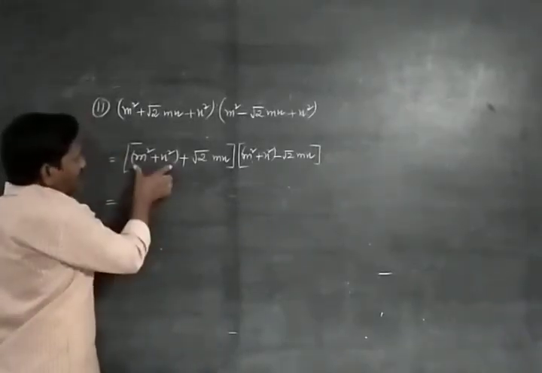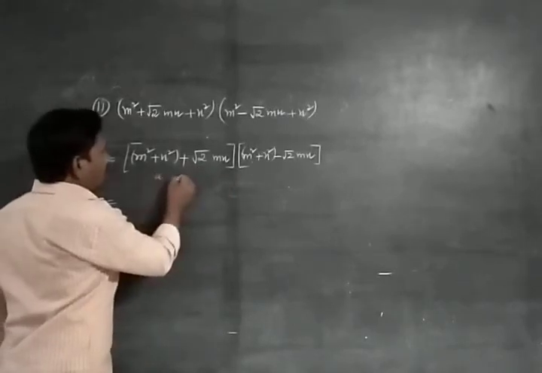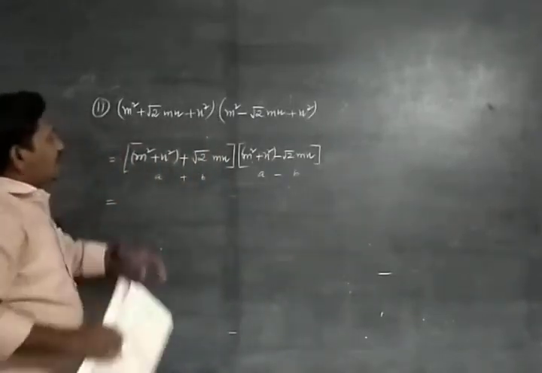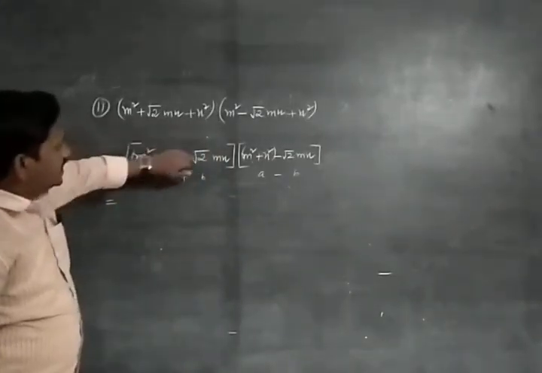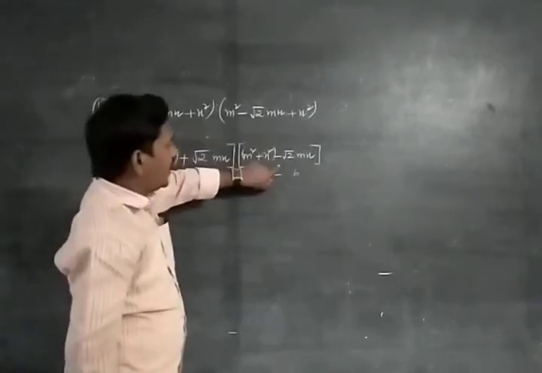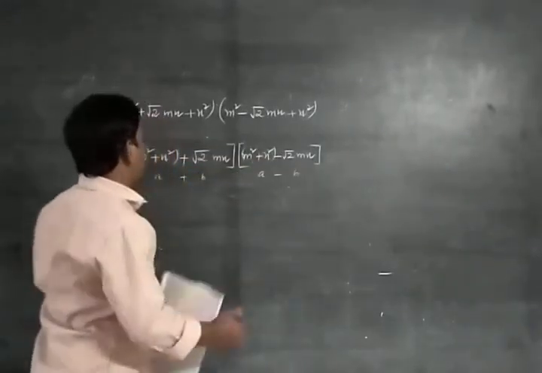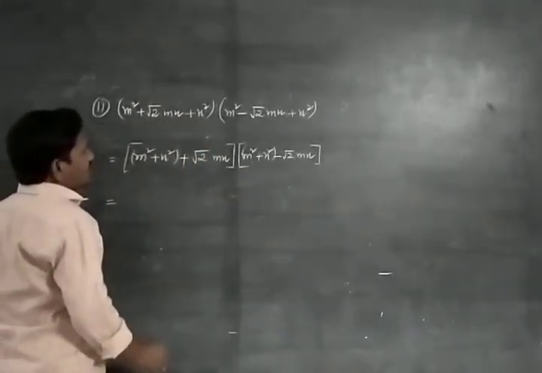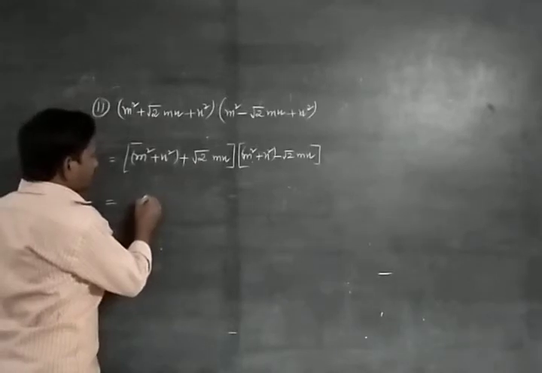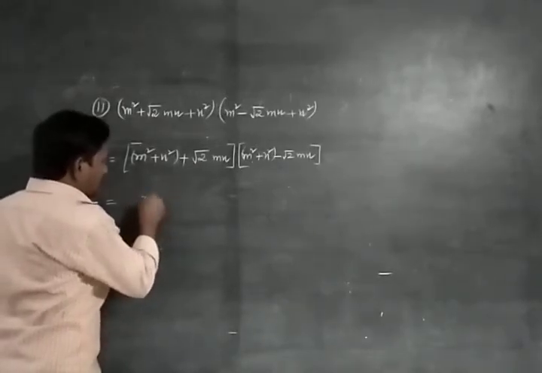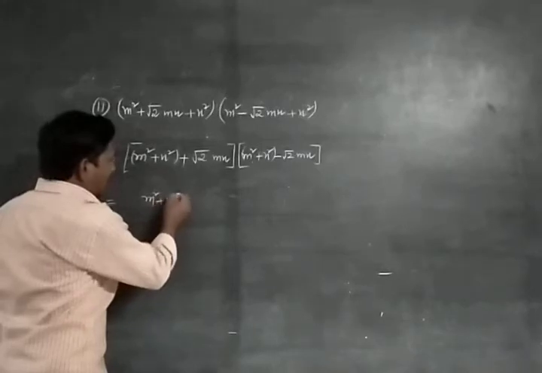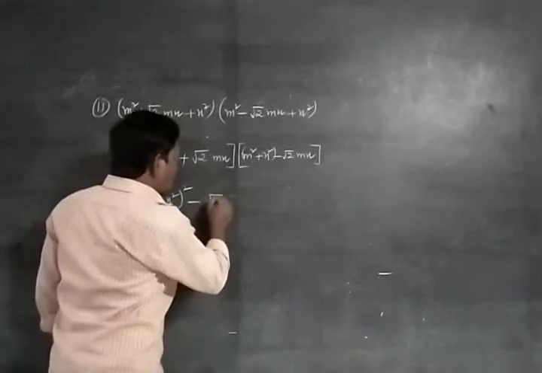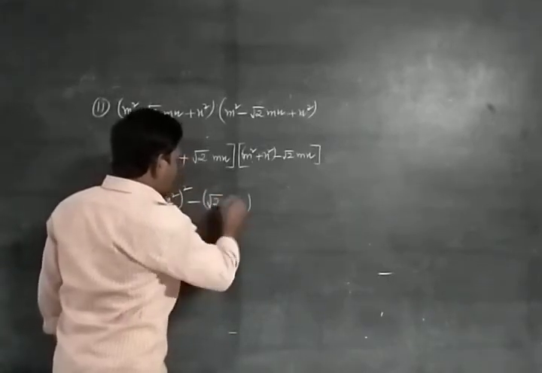This is a plus b, a minus b. Compare: a plus b into a minus b is a square minus b square. That means m square plus n square whole square minus root 2mn whole square.